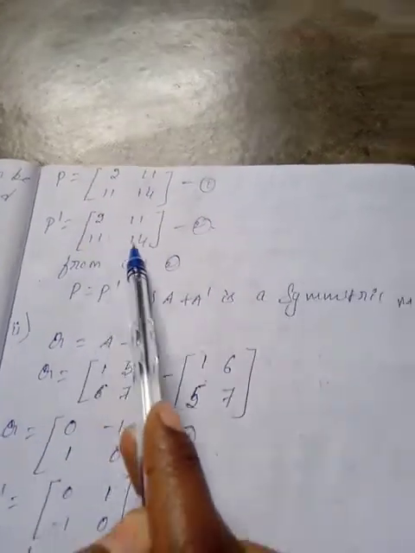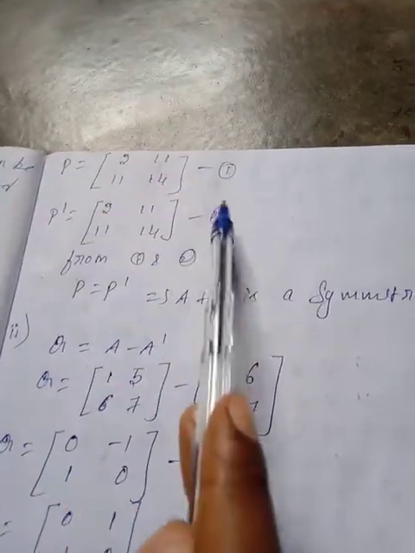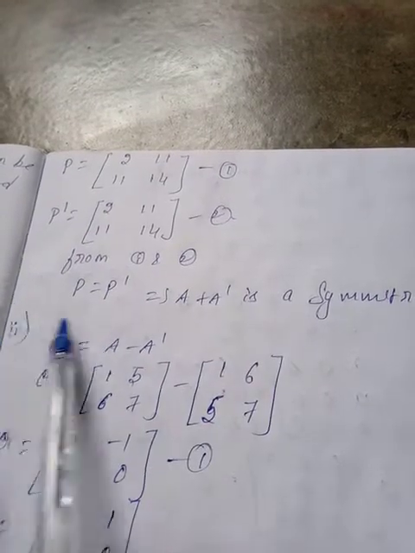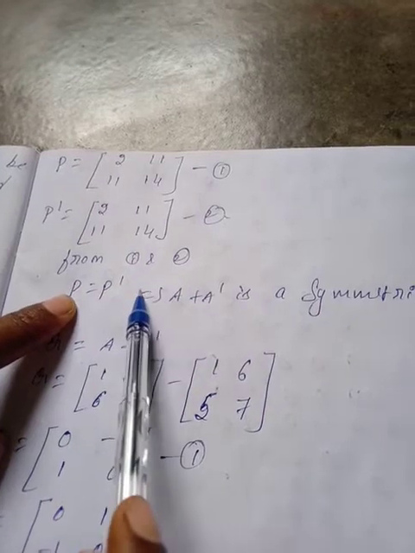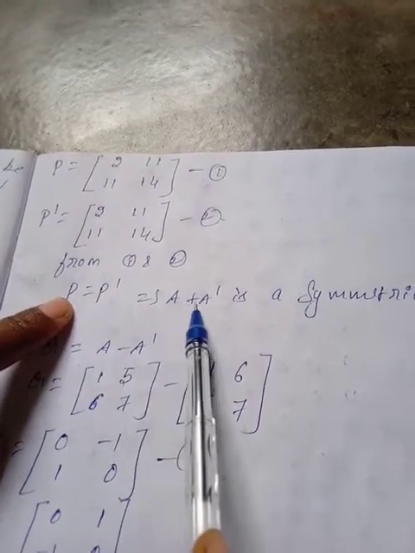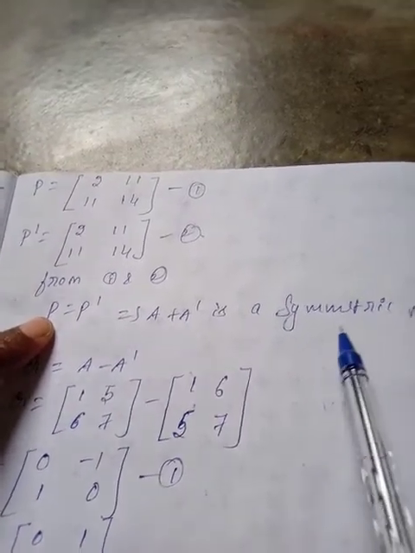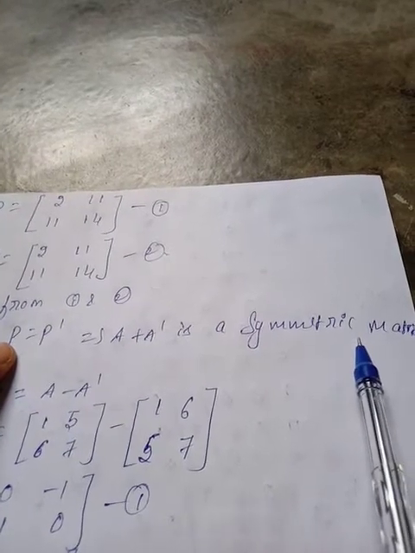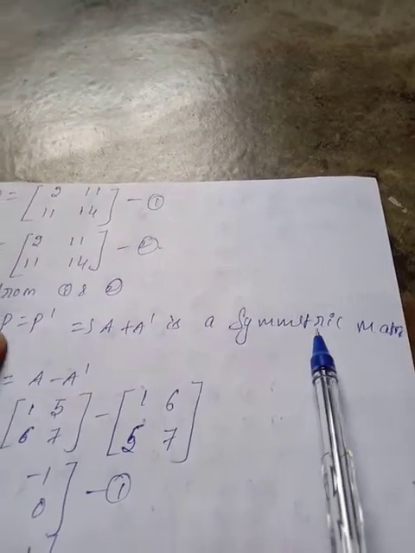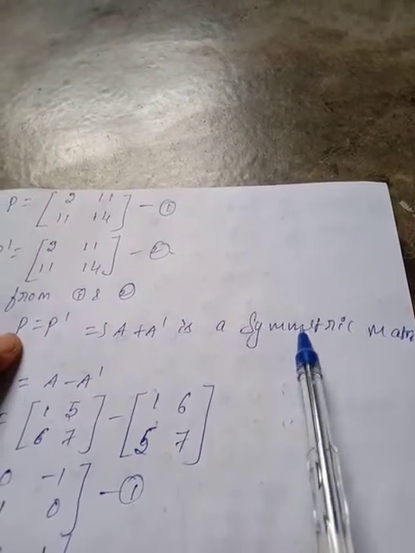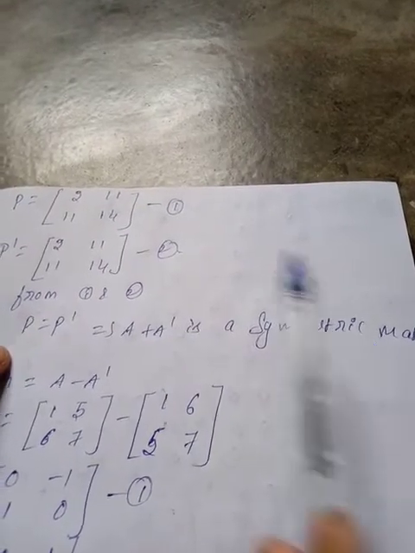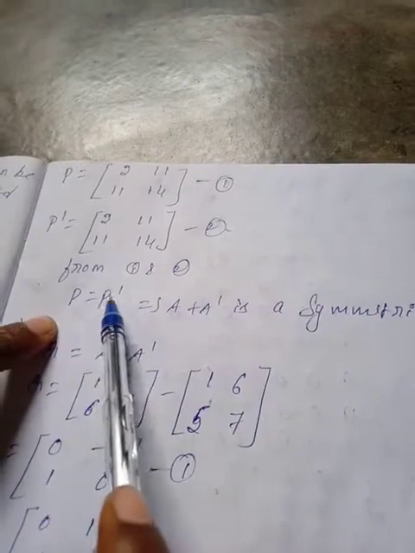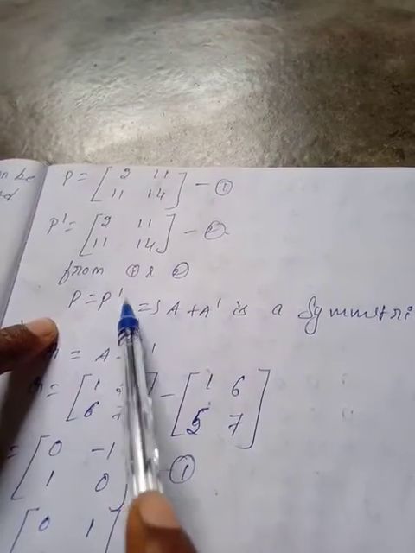Second row 11, 14, 11, 14. From equation 1 and 2, you get P is equal to P transpose. So this implies that A plus A transpose is a symmetric matrix. You already know the condition of a symmetric matrix is, by definition, P is equal to P transpose.